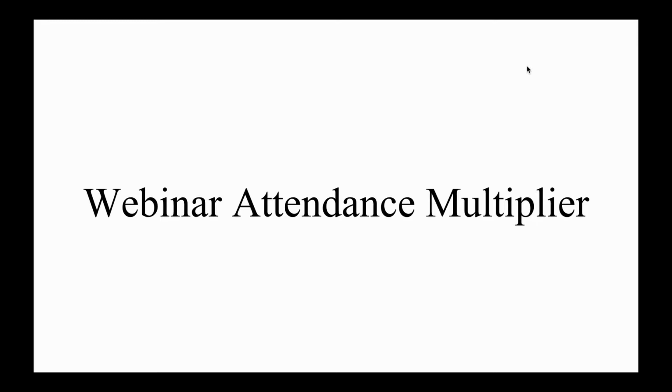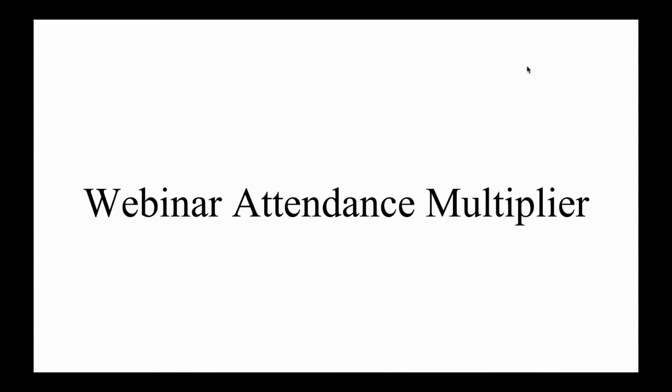And in this video, I'd like to talk to you about what I call the webinar attendance multiplier. Now, if any of you are asking the question, what on earth does that mean? That's a very good question, and let me explain. What I mean by that is having a system in place to get all of those people who have actually registered for your webinar to attend.